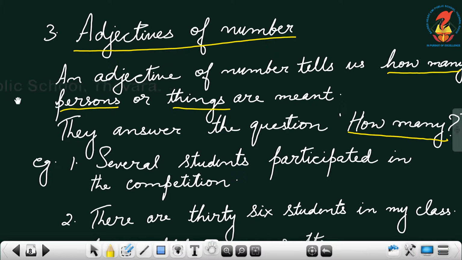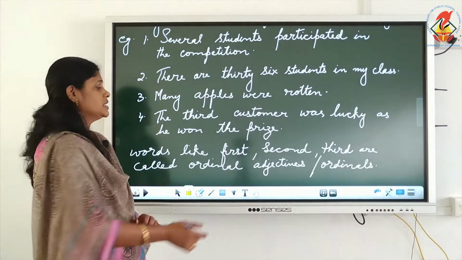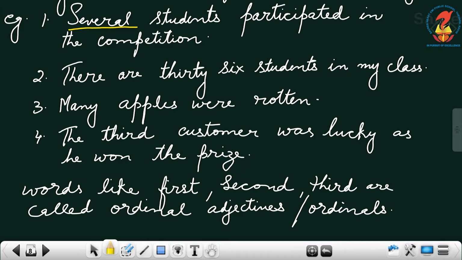Let's see some examples. The first example is: several students participated in the competition. You can count the number of students, isn't it? So the word several is describing the noun students. So several is the adjective of number. In the second example, there are 36 students in my class.